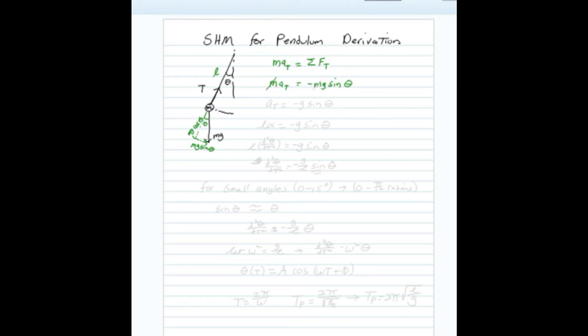We can divide m on both sides, and we get a tangential equals negative g sine theta. But we need to think about it in terms of the angle. The linear acceleration is related to the angular acceleration. If you think back to our rotation unit, we learned that r times the angular acceleration equals the linear acceleration.